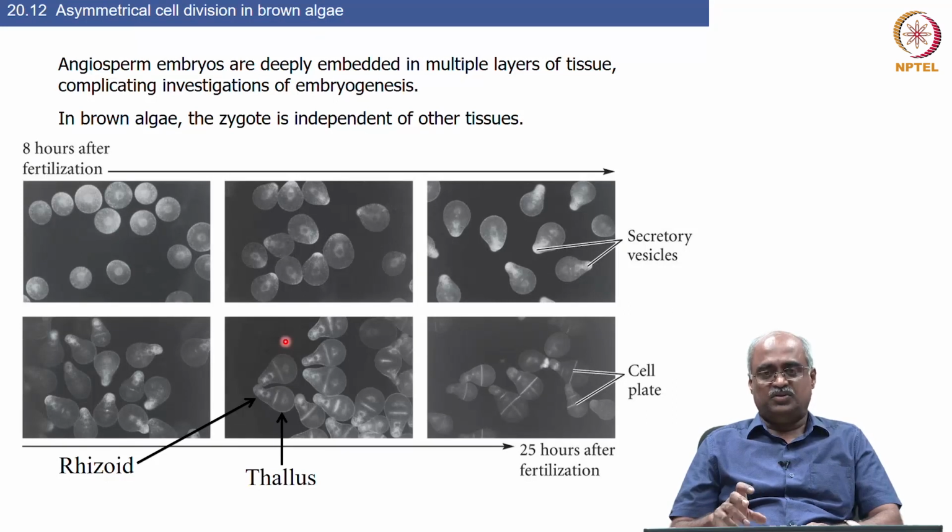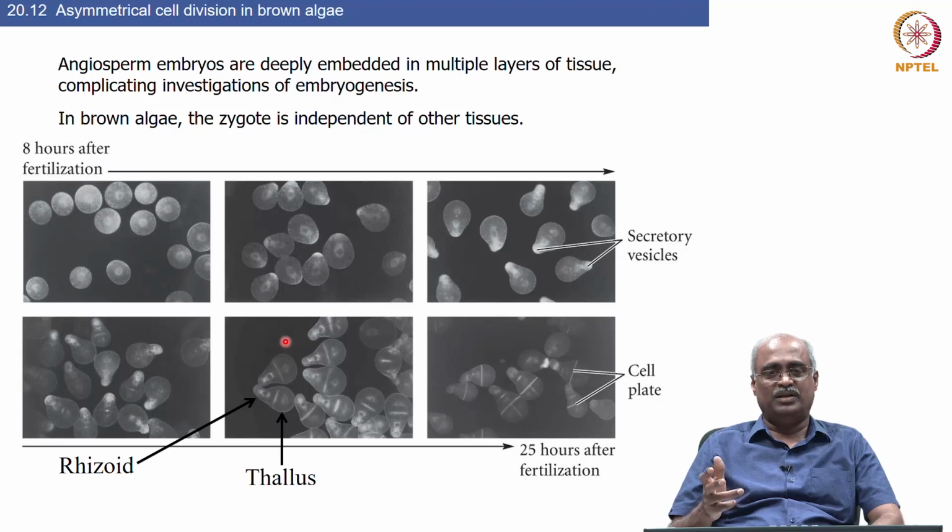Again the same issue, that the embryo develops inside several layers of sporophytic tissue. Studying embryogenesis has not been easy. Drosophila lays eggs, C. elegans lays eggs and so on, but you do not have that sort of a thing with the angiosperm, and therefore it is not easy to look at them.